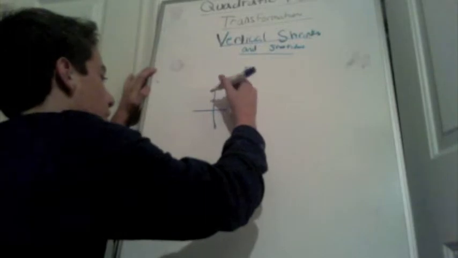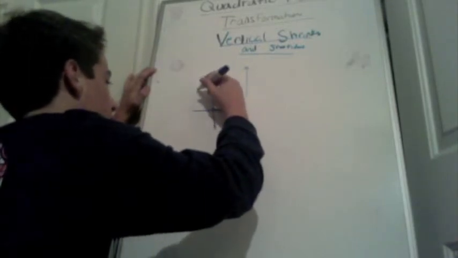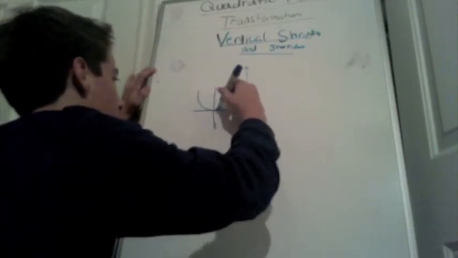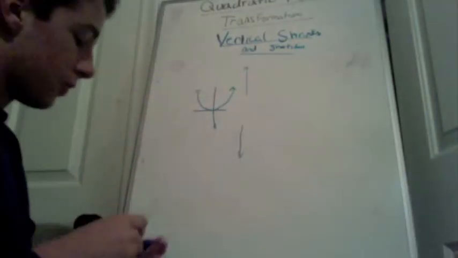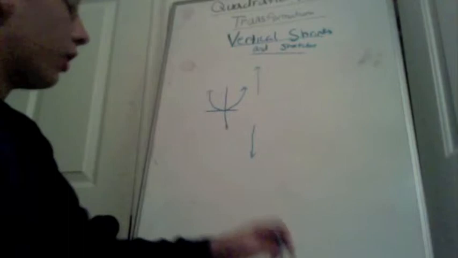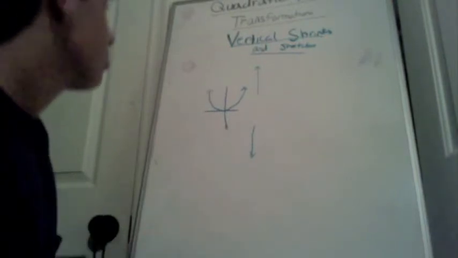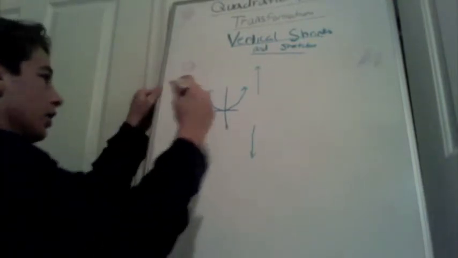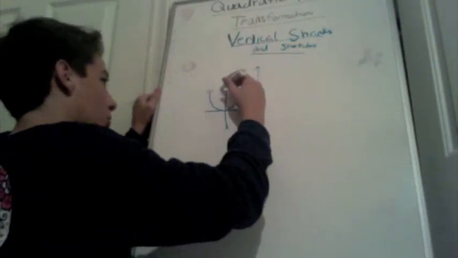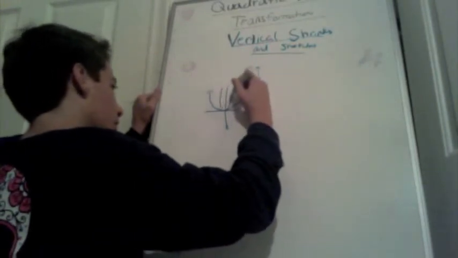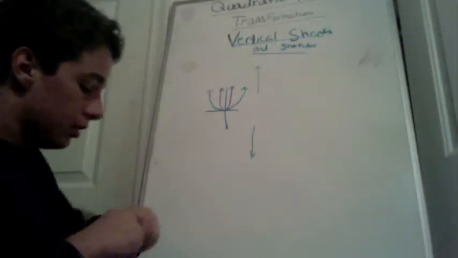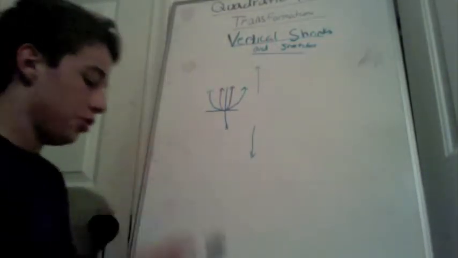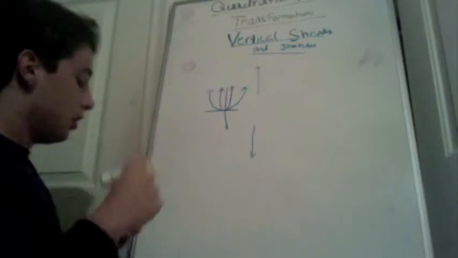So let's say this is y equals x squared. Now we do a vertical stretch, and our new parabola will look something like that, depending on the factor or the number you use to stretch or shrink it.